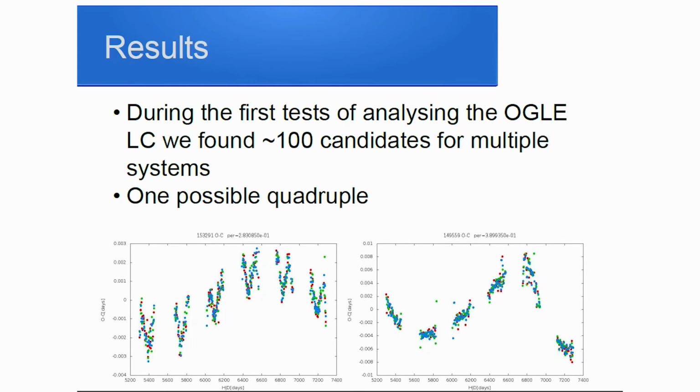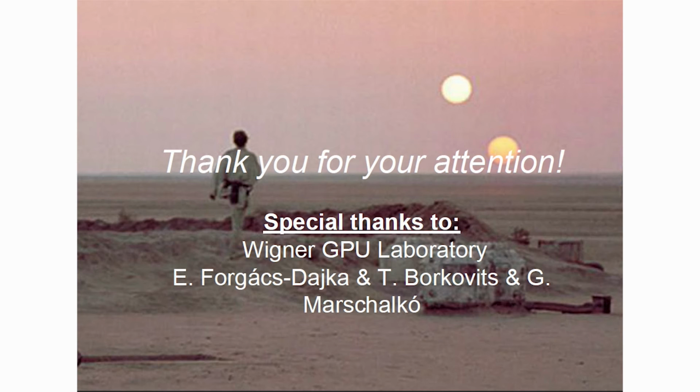Maybe there is a quadruple system like here: there is a small sinusoidal shape with a bigger sinusoidal shape. Therefore, we think it can be a very interesting quadruple system. Thank you for your attention.